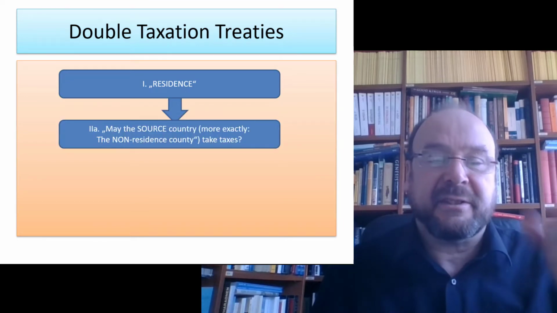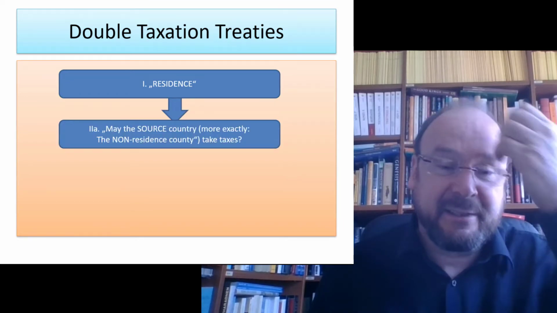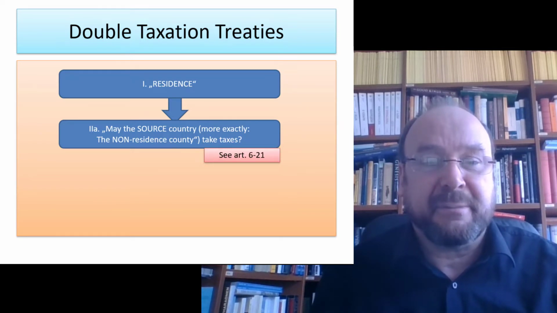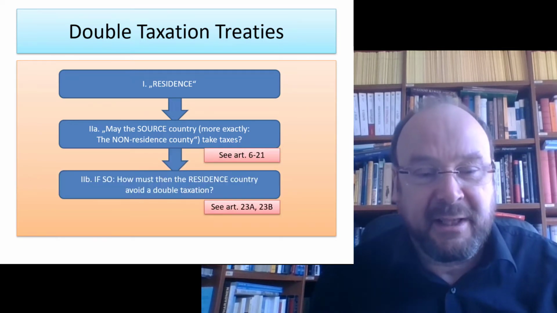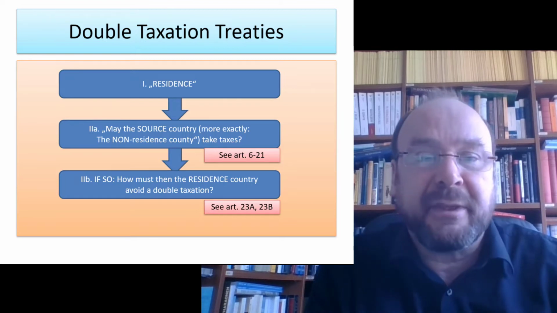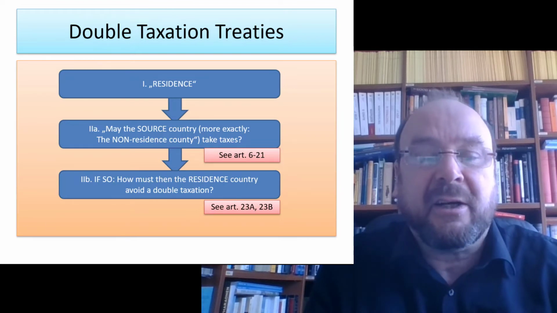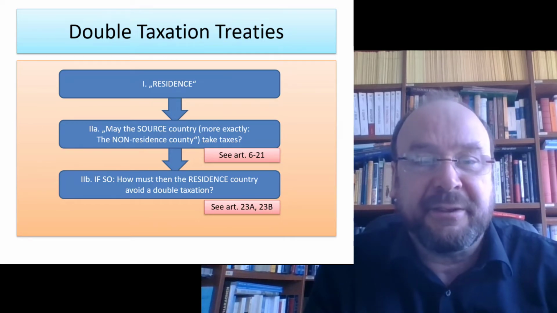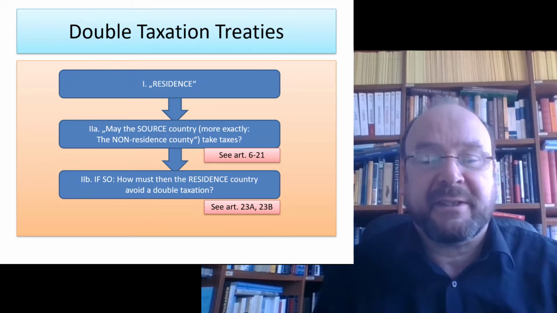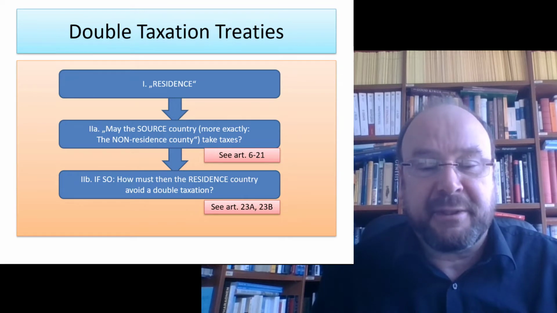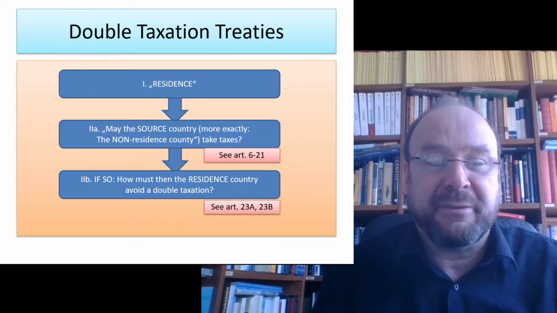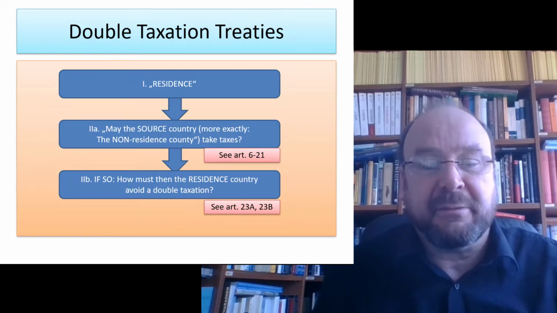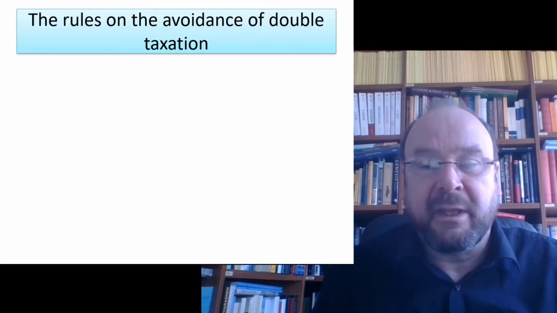Now, the next question is, may the source country take taxes? That is in Articles 6 to 21, as mentioned just now. And then the last step for each transaction is, how must the residence country avoid a double taxation if the source country is allowed to levy a tax? And this last step is what we are going to talk about now, because it makes sense to speak about that in the beginning.